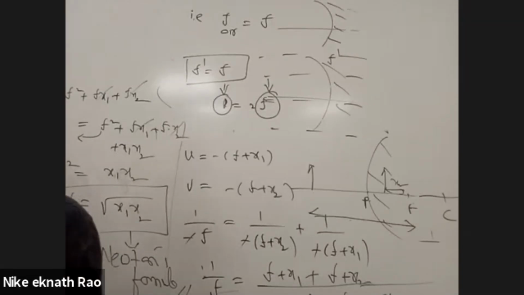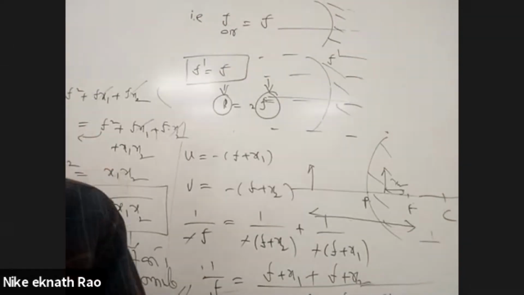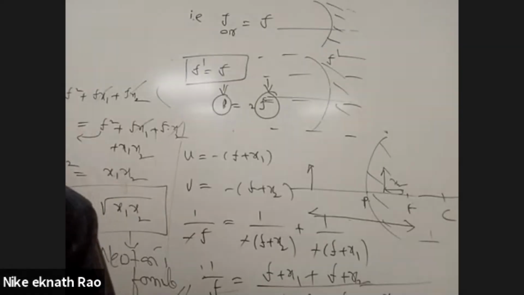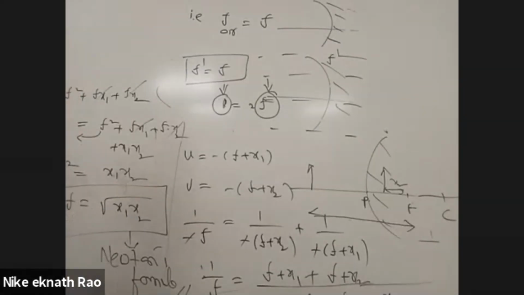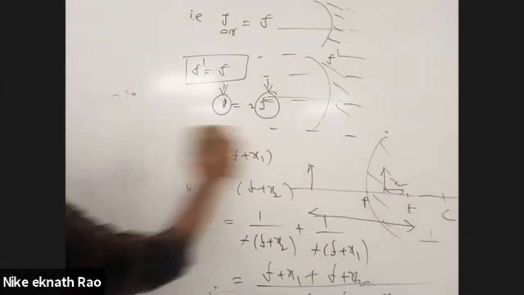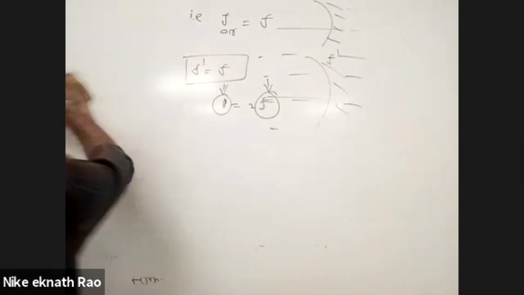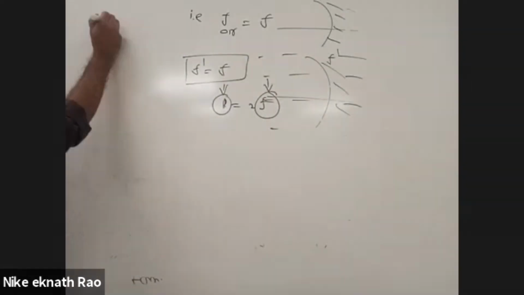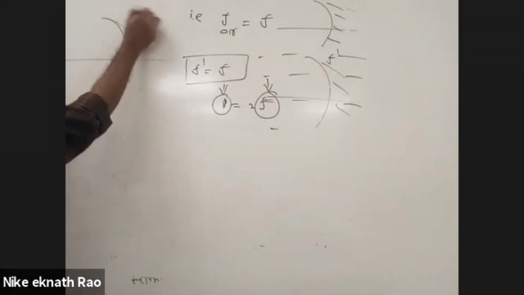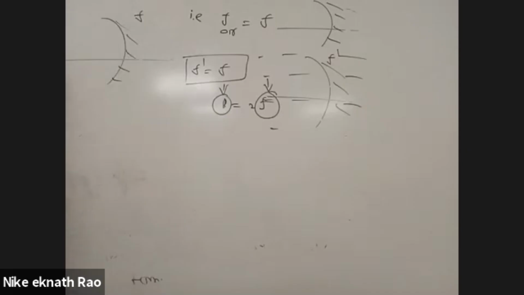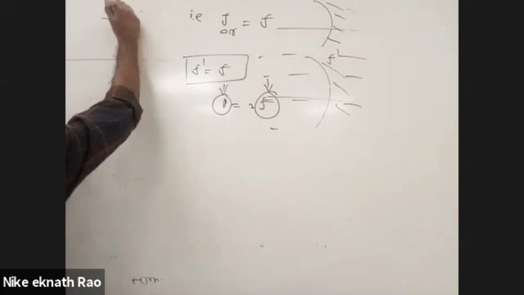Write one question now. A luminous point is moving at a speed v naught towards a spherical mirror, concave or convex, doesn't matter.